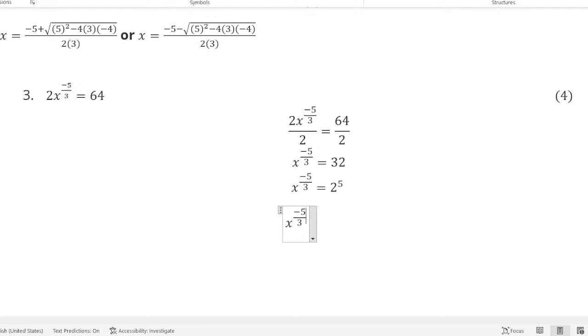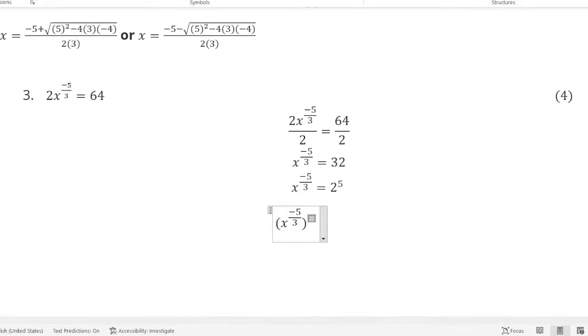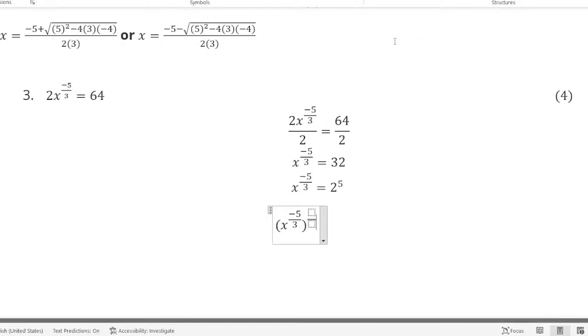So here we'll have, just open brackets, then close brackets. Now we're going to multiply by the reciprocal of the exponent.